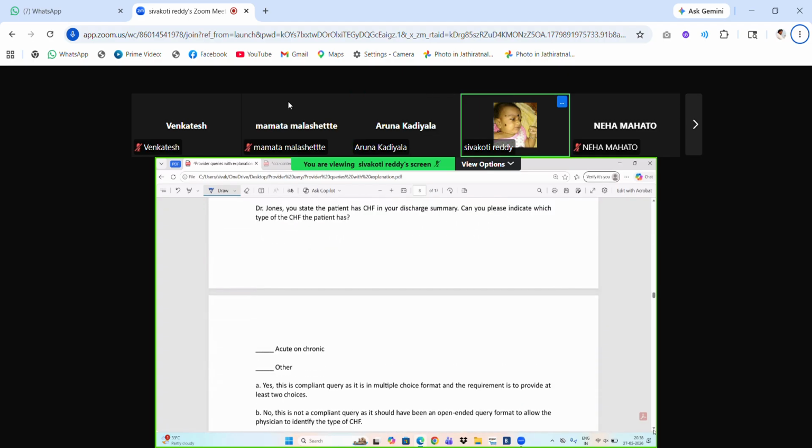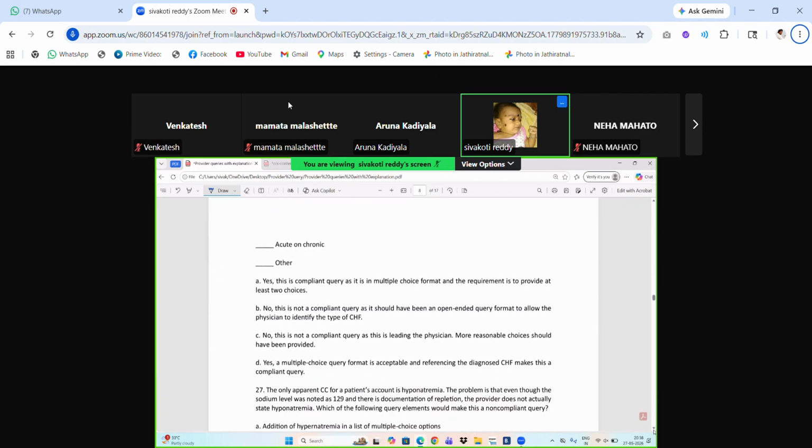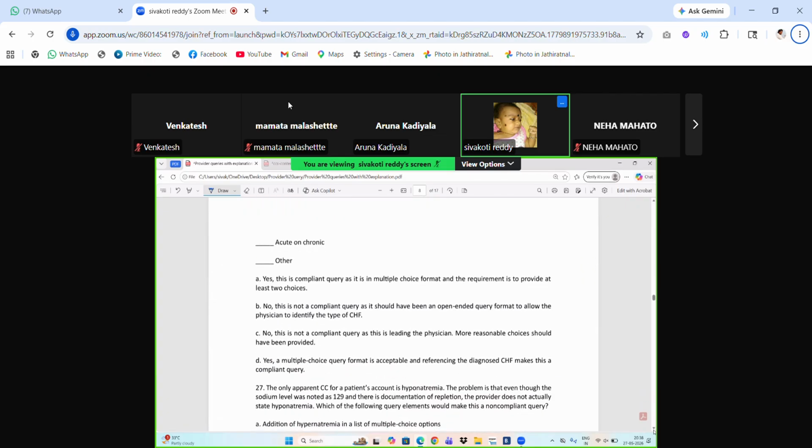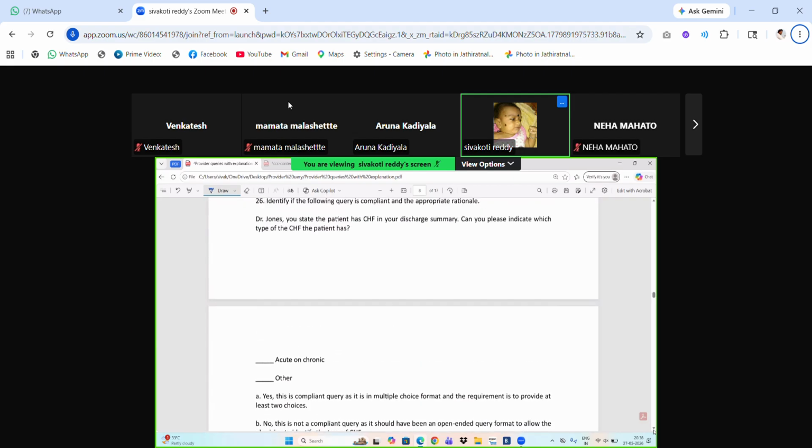But if you make it compliant, what do you need to provide? This is not a compliant query. It is leading to the patient. More reasonable choices should have been provided. We need to give more options if you raise it in a multiple choice. Here they gave only acute and chronic, right? We don't know which acute and chronic, either systolic or diastolic.